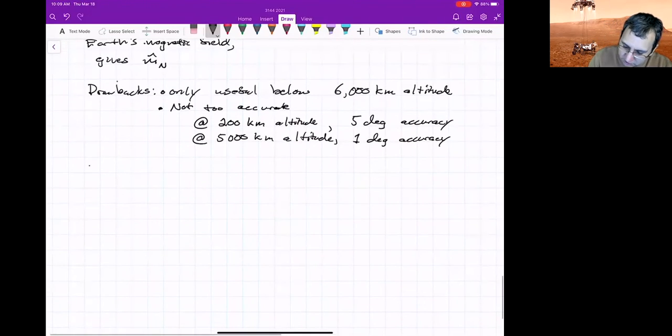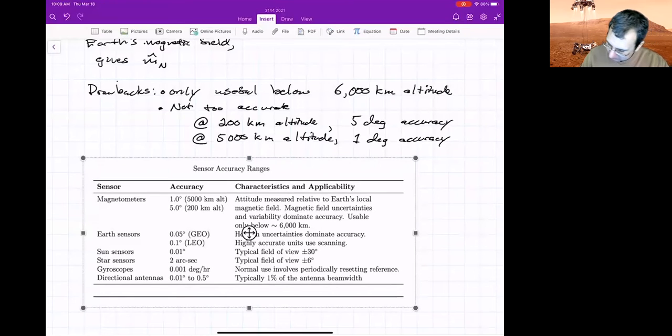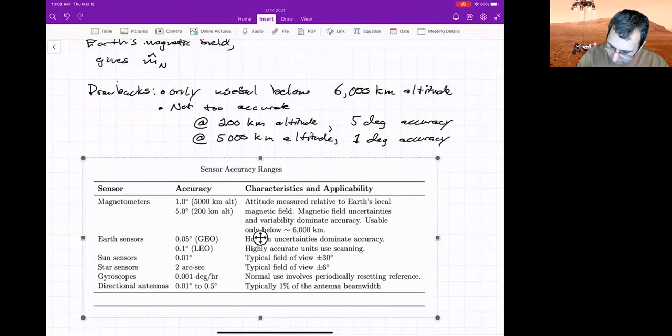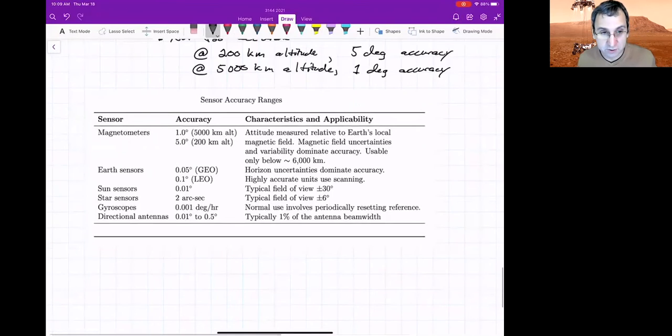There are other sensors, and I'll put in here a table of the sensor accuracy. We've got magnetometers, and other things are listed here as well. Earth sensors can detect the horizon of the Earth, and those are getting pretty accurate too. Star sensors are the most accurate, at 2 arc seconds, much smaller than a degree.